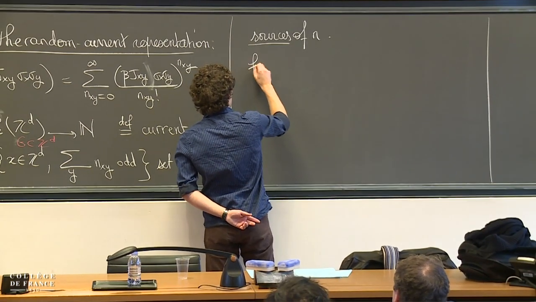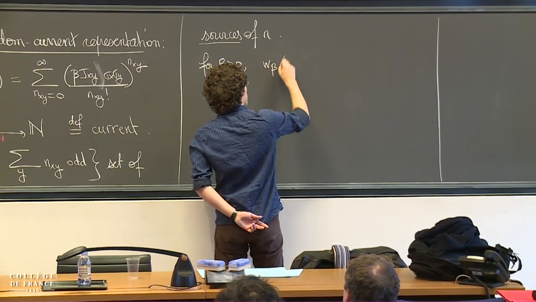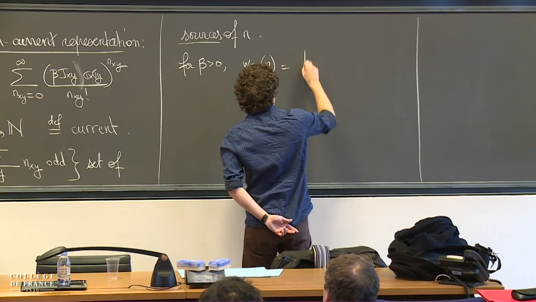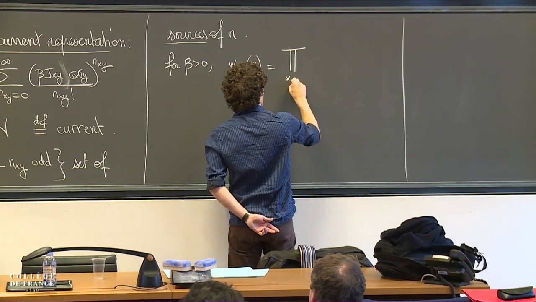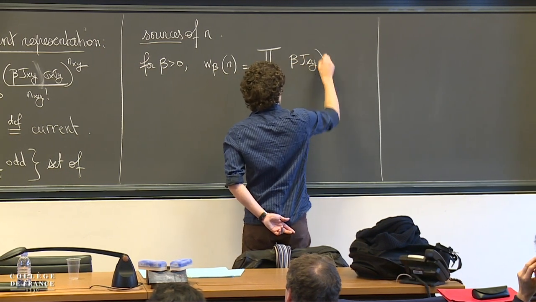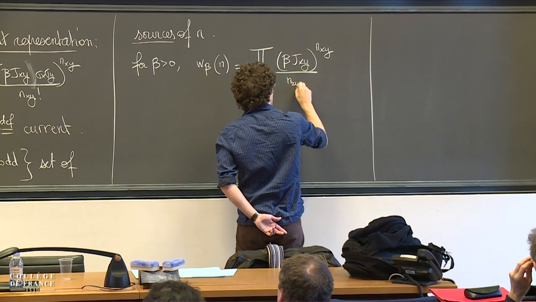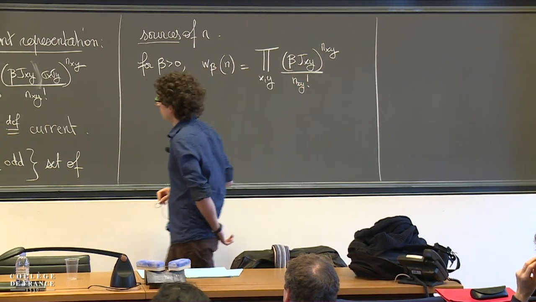So for beta positive, I'm going to define w_beta of n as the following thing: the product over x and y of (beta J_xy) to the n_xy divided by n_xy factorial. Okay?